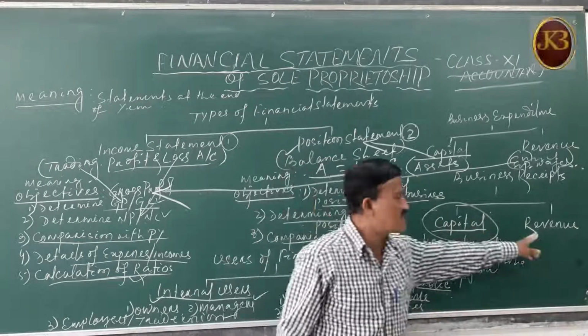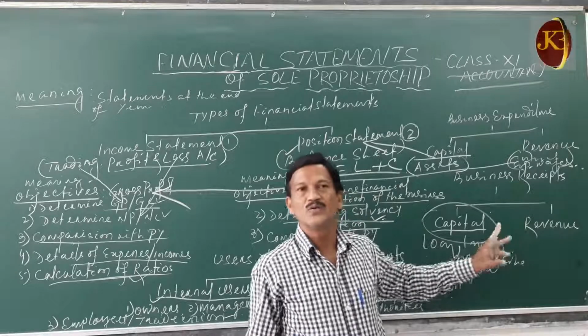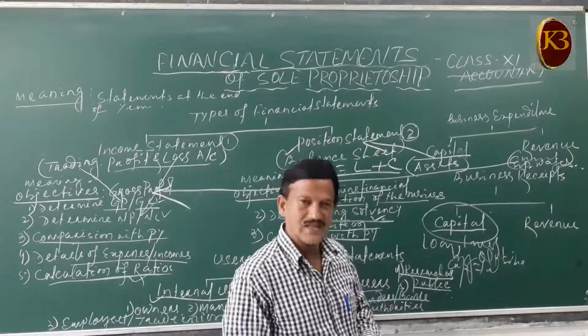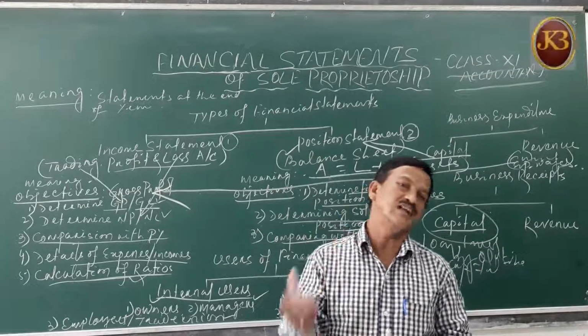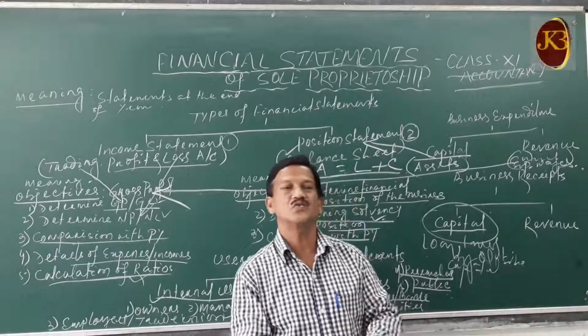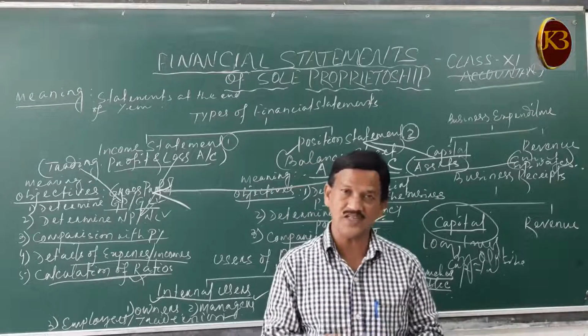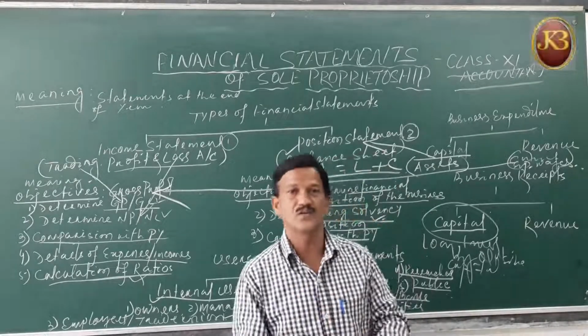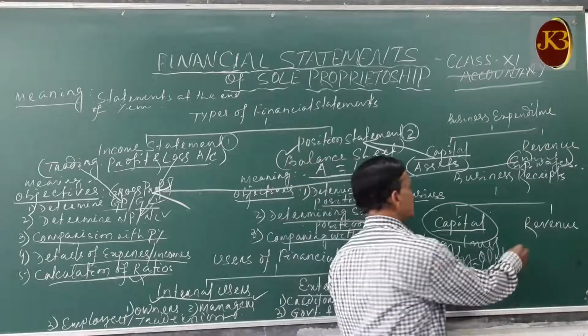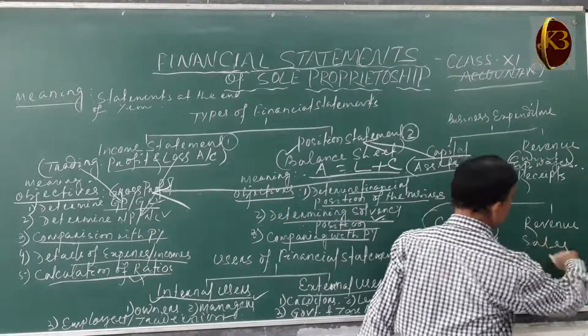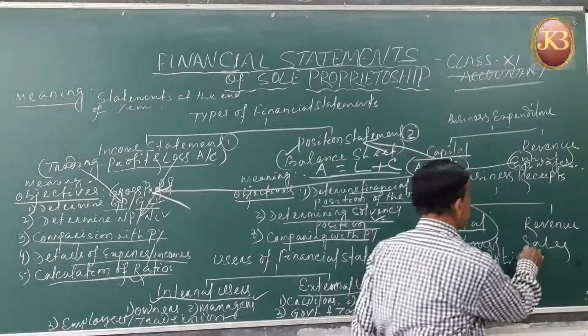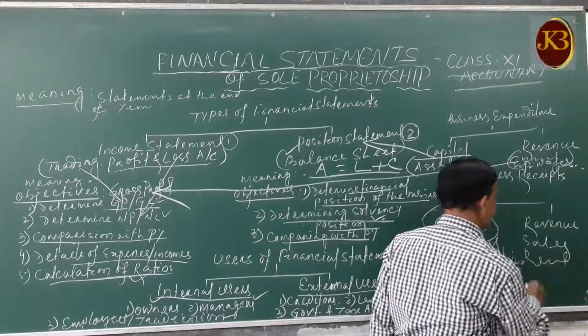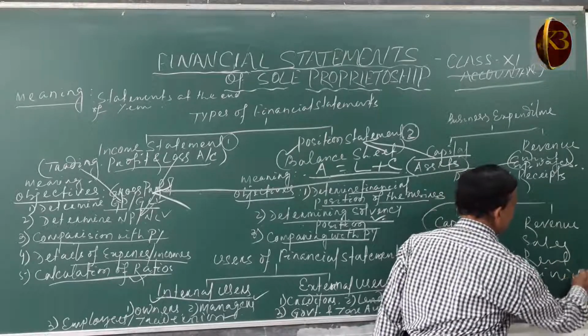But revenue receipts are the receipts which are collected or received from the sale of goods and from other sources which are recurring in nature, regular, that means continuous. For example, the sale of goods, sales. Likewise, rent received, it is regular. The dividend received, it is regular.